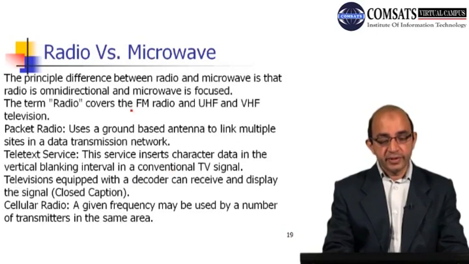So it covers FM radio and UHF, ultra high frequency, and VHF, very high frequency, that are used for television. Then we have packet radio that uses a ground-based antenna to link multiple sites in a data transmission network, right? Teletext services are also in radio, and then we have cellular radio that I have mentioned.